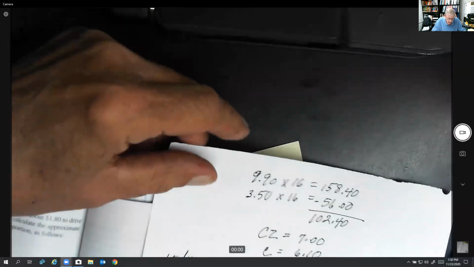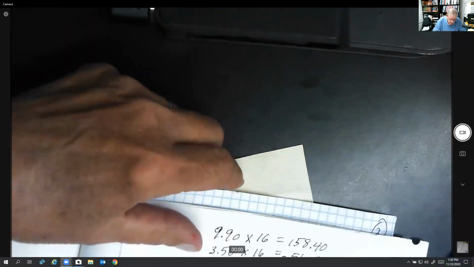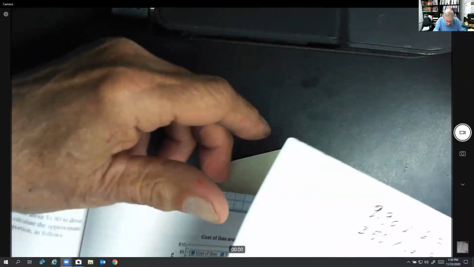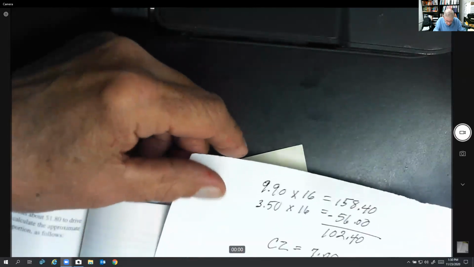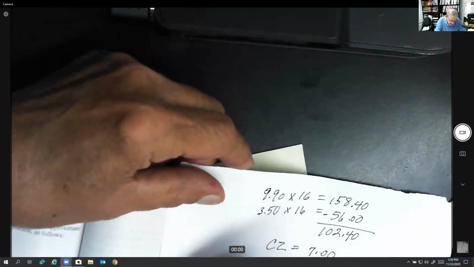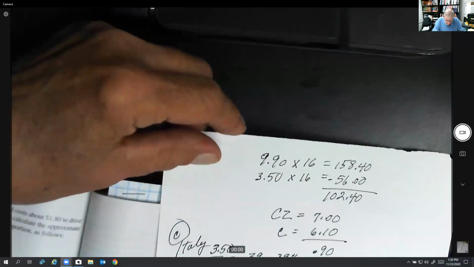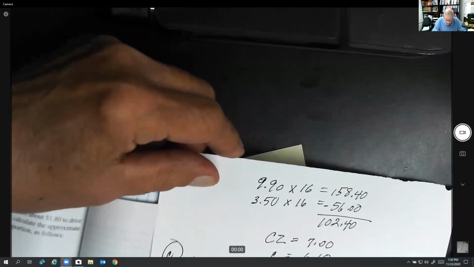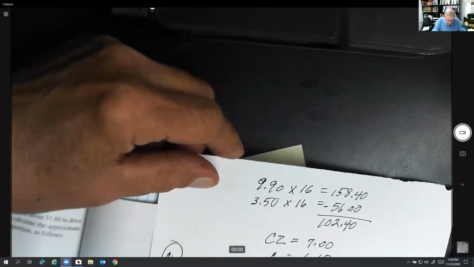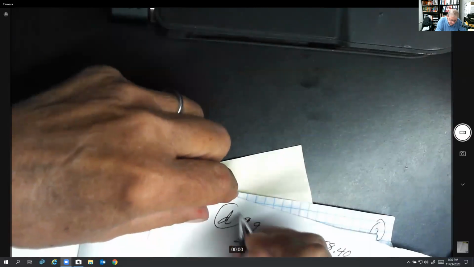So this was here's a C problem. This was the fill up. This was the D problem right here.